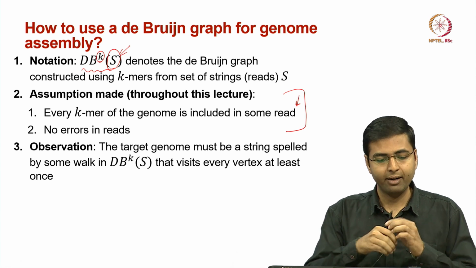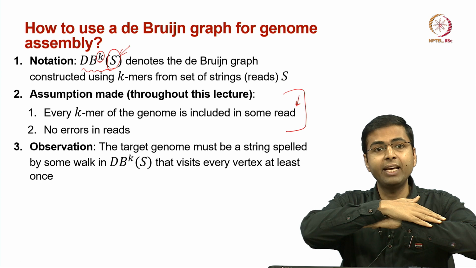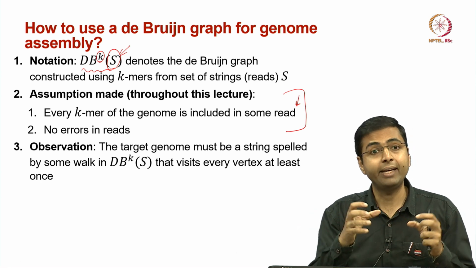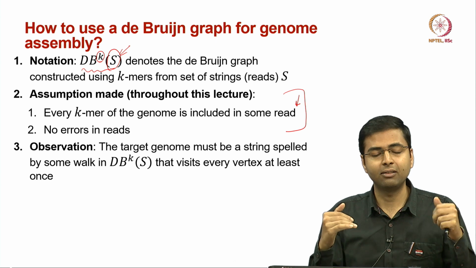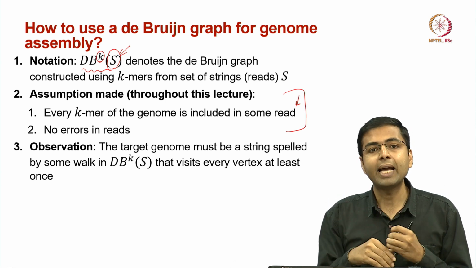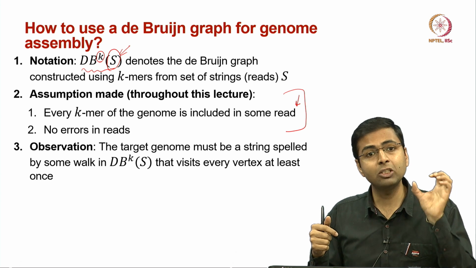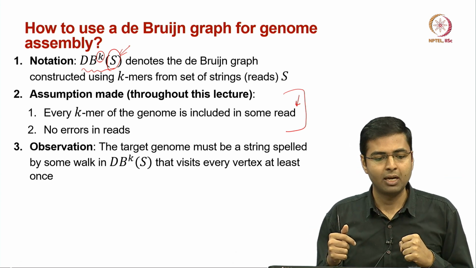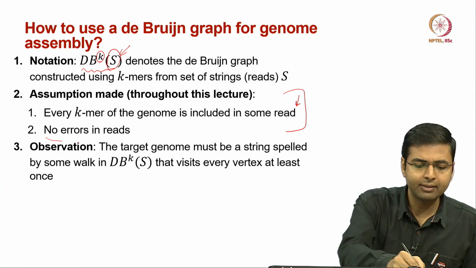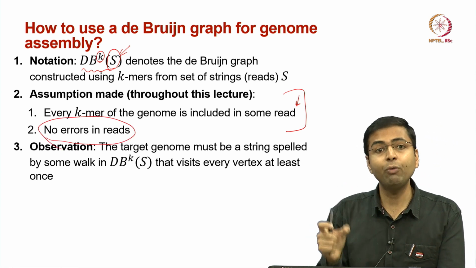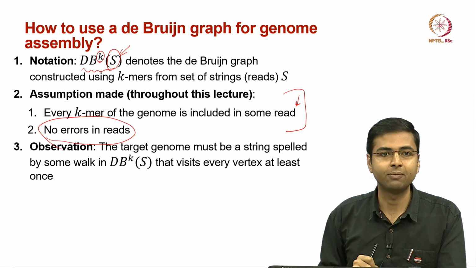Because we are connecting every adjacent k-mers whenever they have k-1 suffix-prefix overlap length, and we know that every k-mer of the genome has been sequenced, you can easily see that the true genome sequence must correspond to some walk in the graph, and because there are no errors in the reads, we should cover every vertex in the graph at least once.